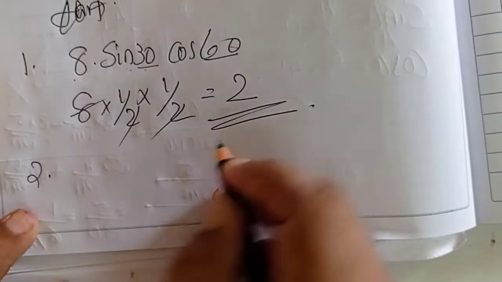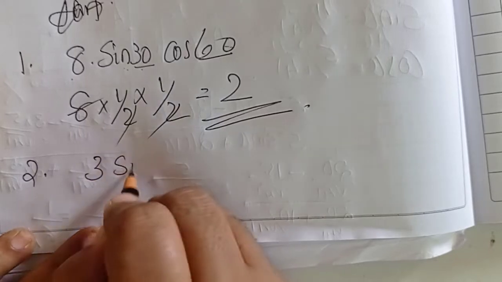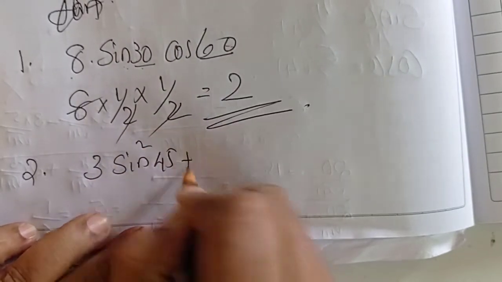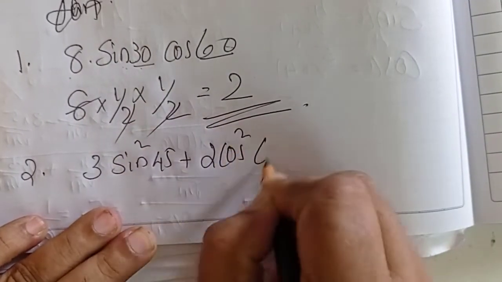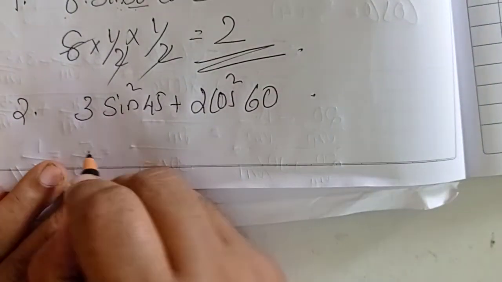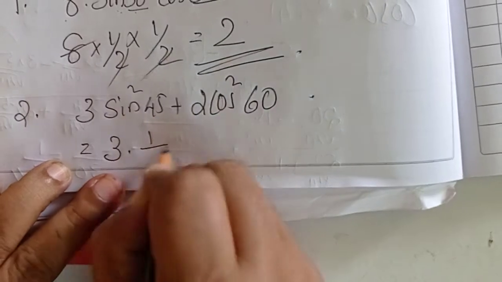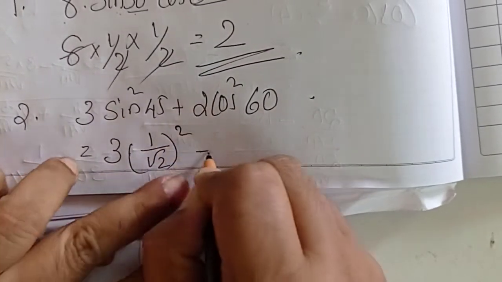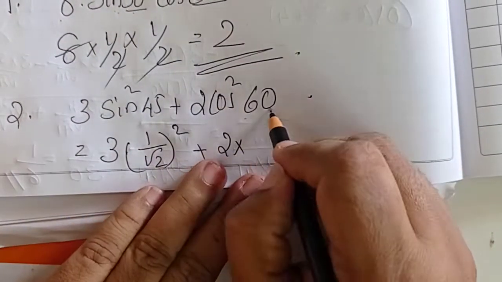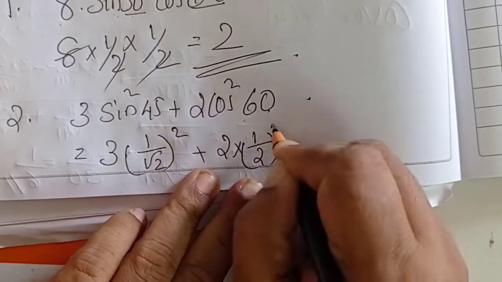Then second problem, write. 3 sin square 45 plus 2 cos square 60. 3 into sin 45, which is 1 by root 2. Therefore, 1 by root 2 the whole square plus 2 into cos 60 is 1 by 2 the whole square. Right?